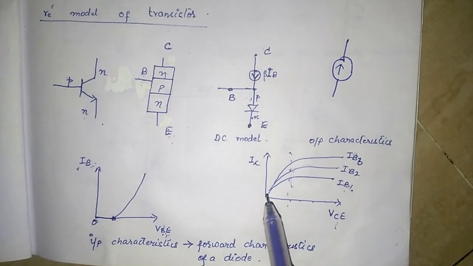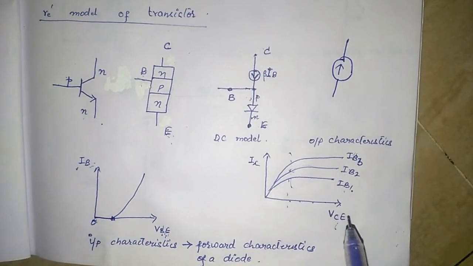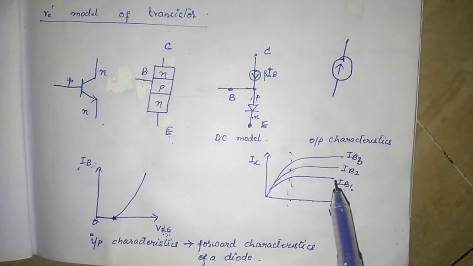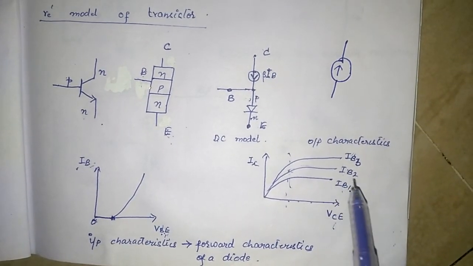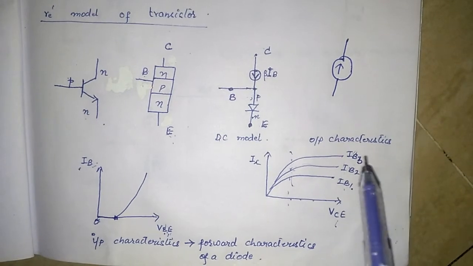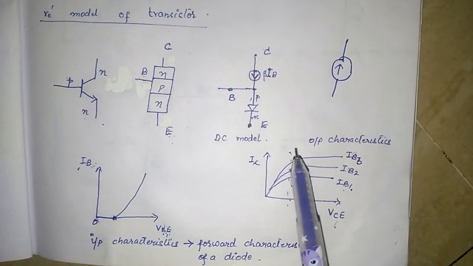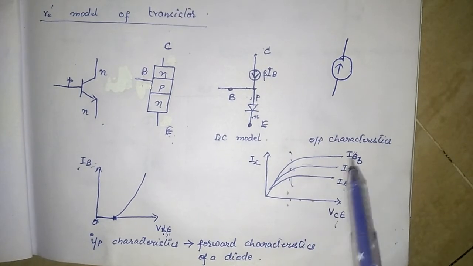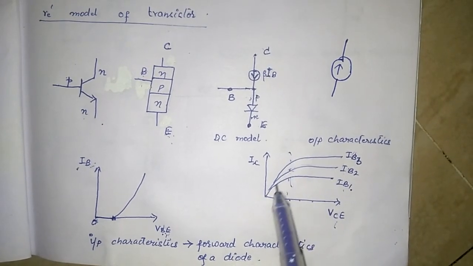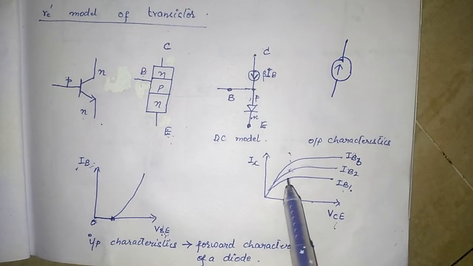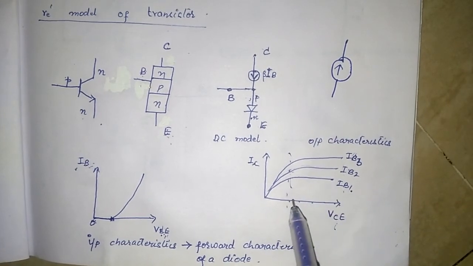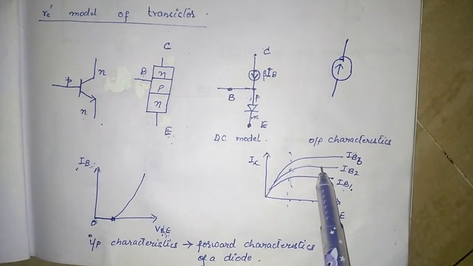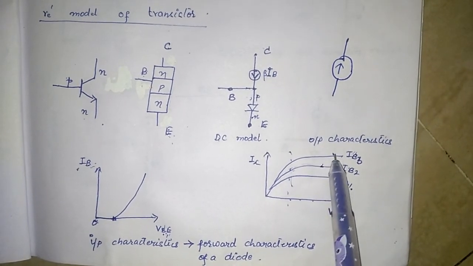Initially with an increase in VCE, IC increases and then remains constant for a particular value of IB. We need to concentrate on this area. The collector current remains constant irrespective of changes in voltage. That is true even with IB2 and with IB3.